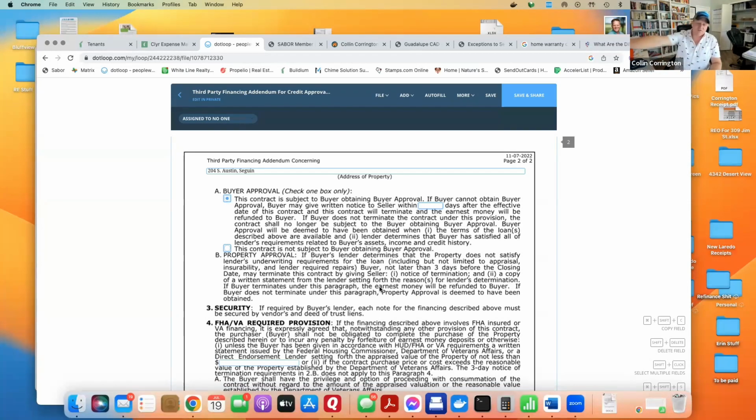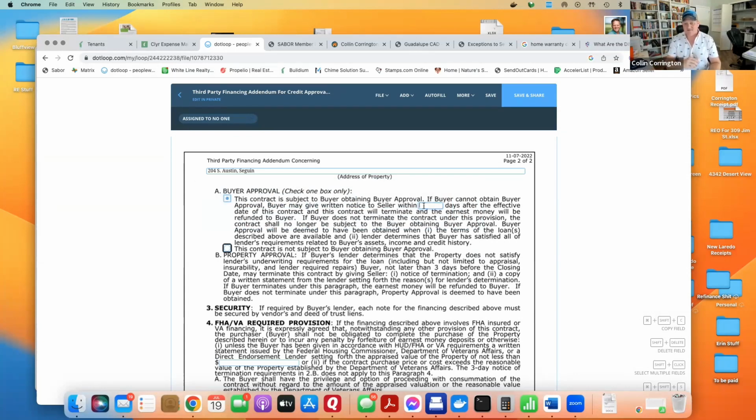The entire 1 to 4 goes to crap if I cannot get this loan. I've never checked the other one, where the sale is not subject to financing. So if I can't get the loan, I'm still going to buy it. Most people can't afford that. That means you're going to pay cash. So you're almost always going to check this one.